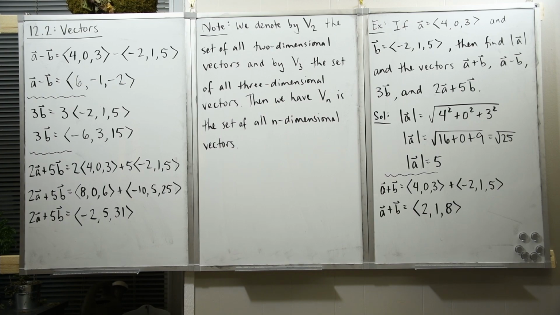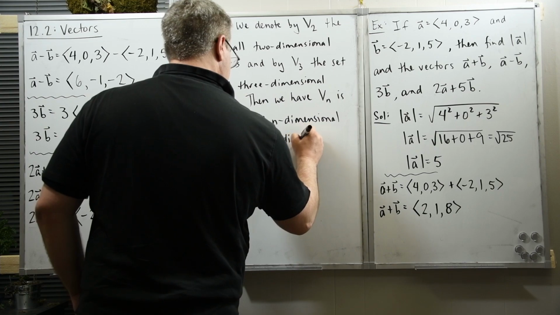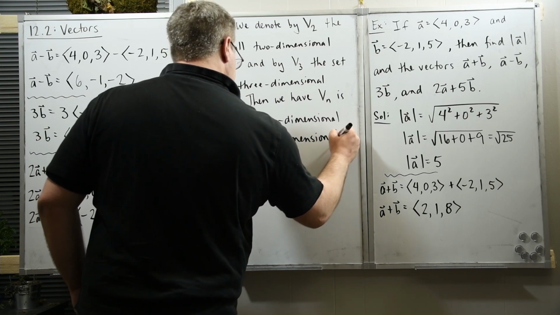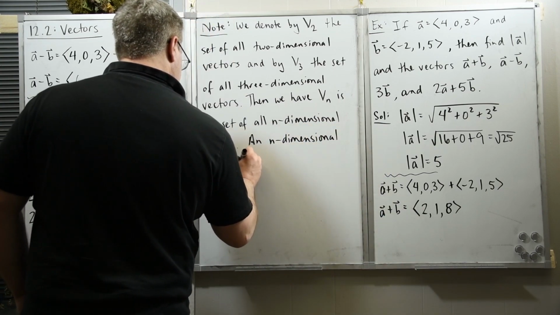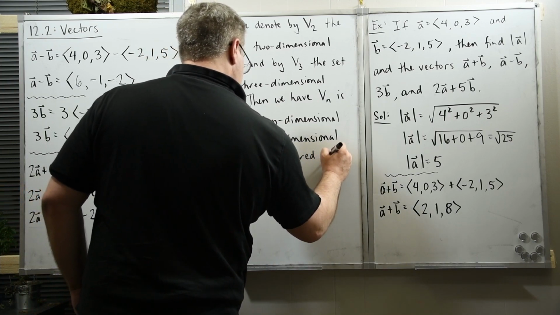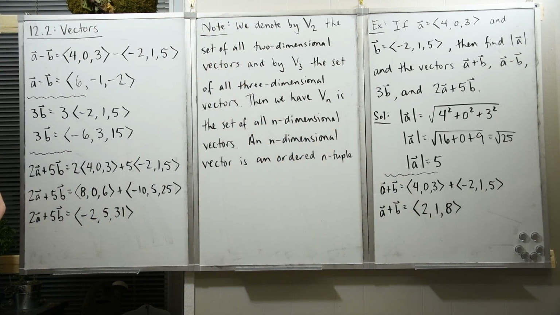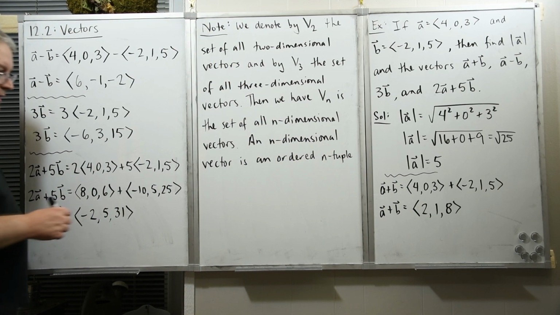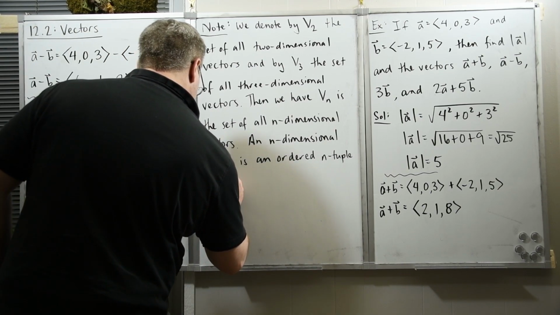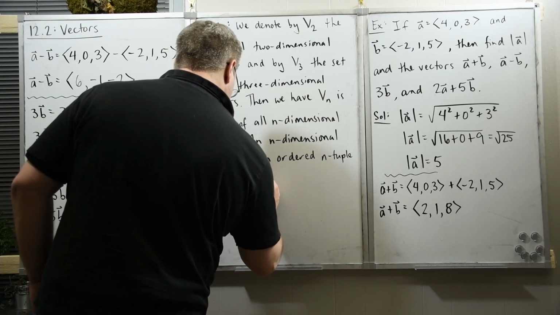Now, an n-dimensional vector is an ordered n-tuple, and we can write this as a vector A with components a1, a2, all the way through a sub n.